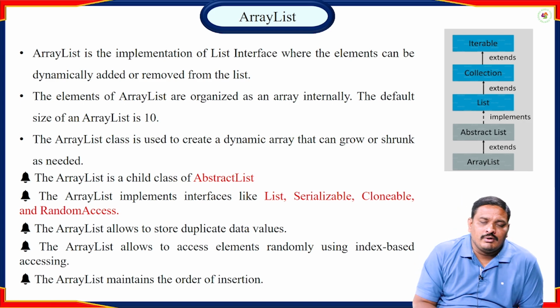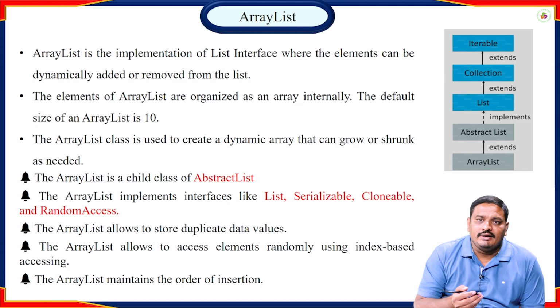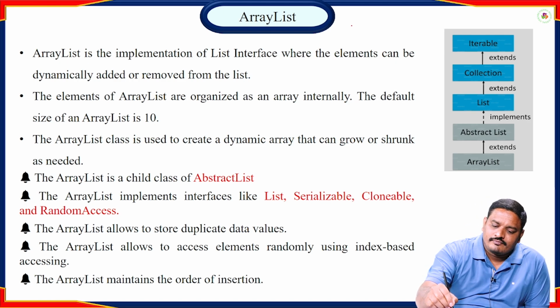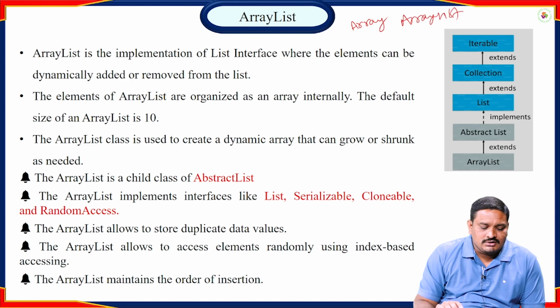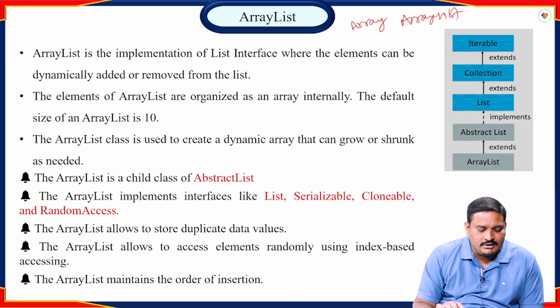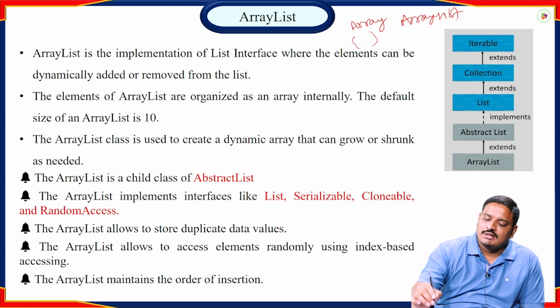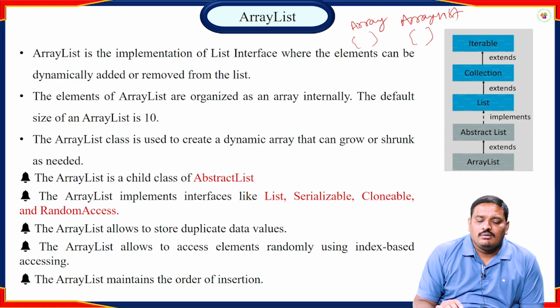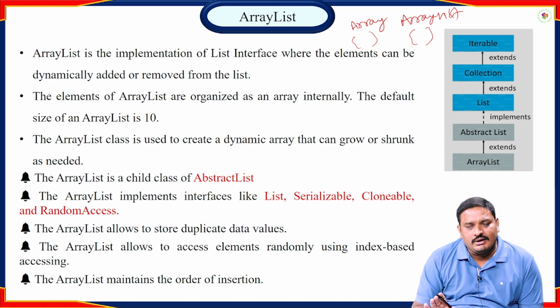See the classes one by one. The first class is array list. Before going to array list, what is the difference between array and array list? In both, we store data. Similar types of values are stored in the array and array list.